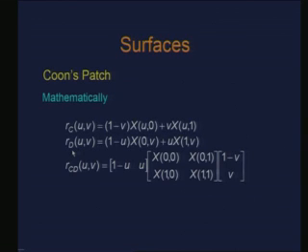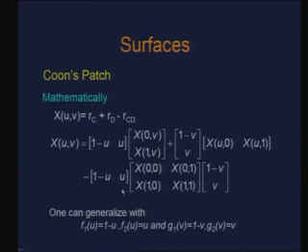Similarly, R d u v, which is the other ruled surface, is obtained from the linear interpolation of the other boundary curves, right, and R c d is nothing but the bilinear surface, which we have also seen, right. Then the resulting surface, which is x u v, is nothing but R c plus R d minus R c d, which I have just substituted for each of these terms and got this, right.